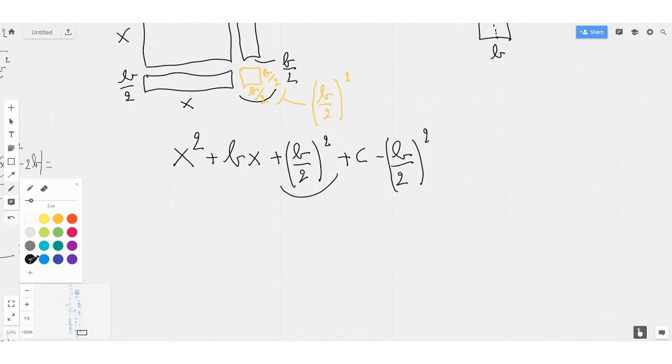But let's see what we can do at this point. This is still equal to 0. So let's see if we can recognize a perfect square within this expression. x squared, b over 2 squared, and bx, which is taken 2 times.